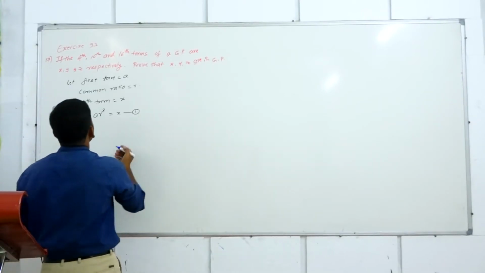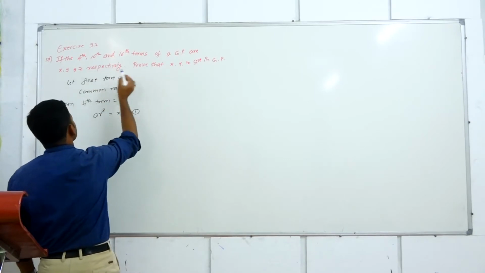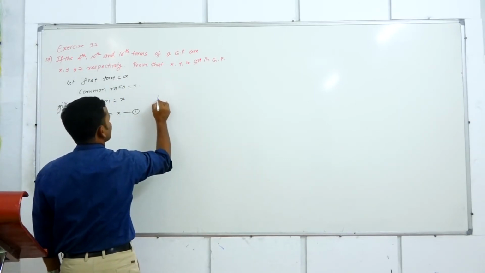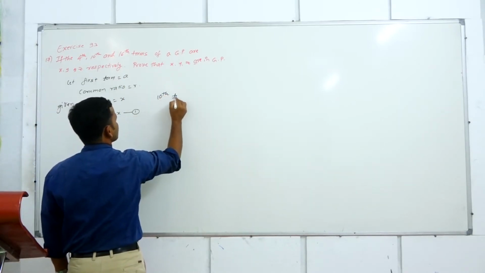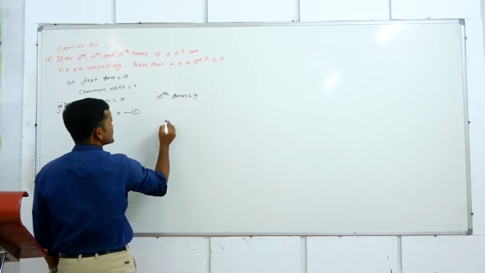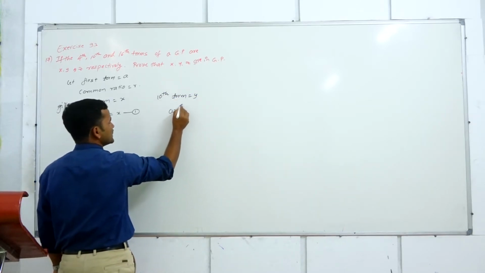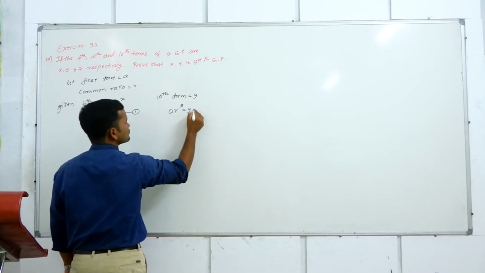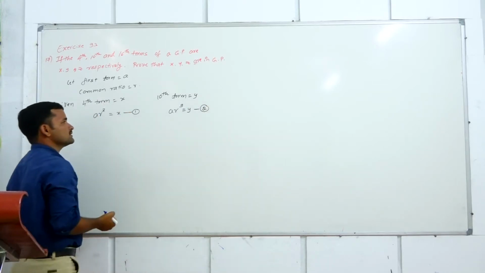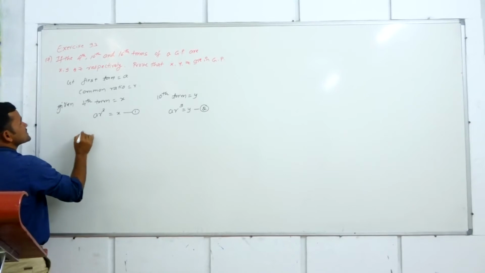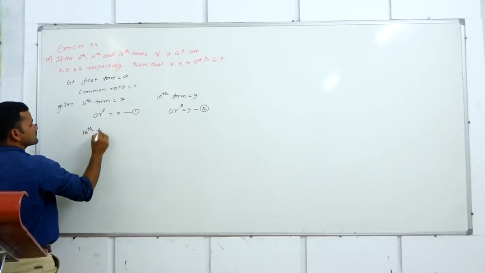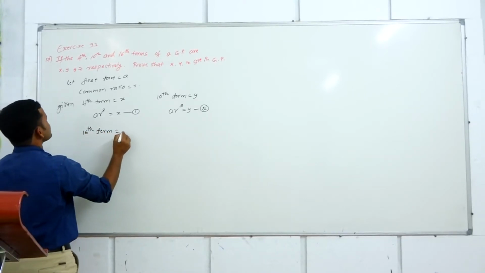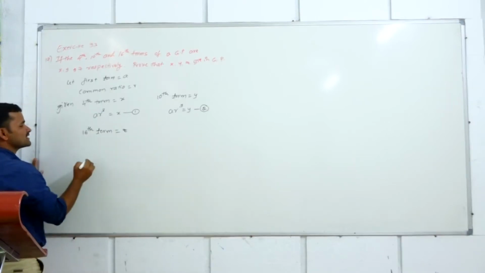And then they are saying the 10th term is y. What is the 10th term? It is a into r to the power of 9, which is equal to y, equation 2. Next, they are saying the 16th term is z. What is the 16th term?